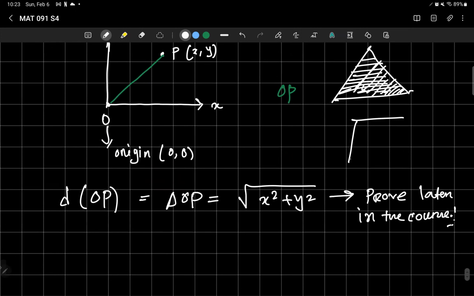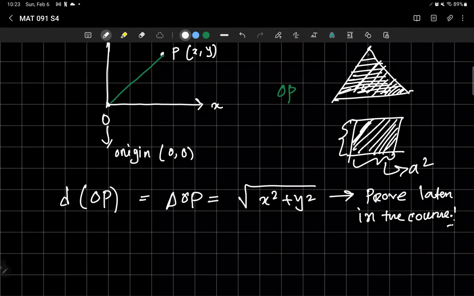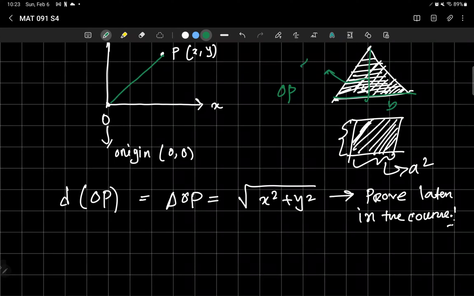Or if you have a square like this, you need the notion of distance to first define the side lengths, and then you get an area. In this case, you would get a base and a height, right? This would be your base, this would be your height, and the area would come up as 1/2 of B and H. But if you don't define a notion of distance, how would you define base and height?